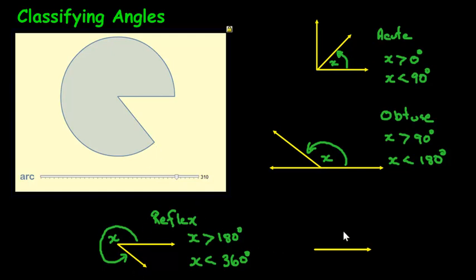The final angle, which almost doesn't seem like an angle, is what we call a revolution. And I think you'll find that that's pretty self-explanatory, because you've got a ray that moves right around 360 degrees. So there's our revolution. So here we go, right around. There it is.